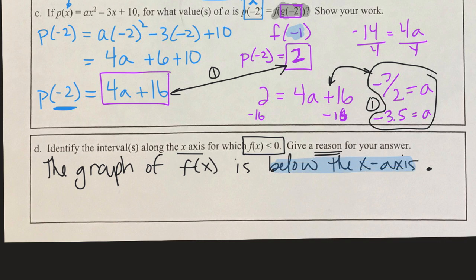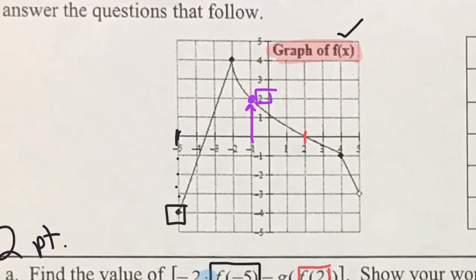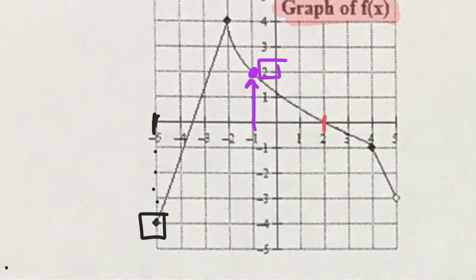So now let's go up to our graph and look, where is the graph below the x-axis? All of these points right here are where the graph is below the x-axis. So we start at -5, and because there's a closed circle at -5, we can use a bracket, but we have to have an open parenthesis at 3.5.